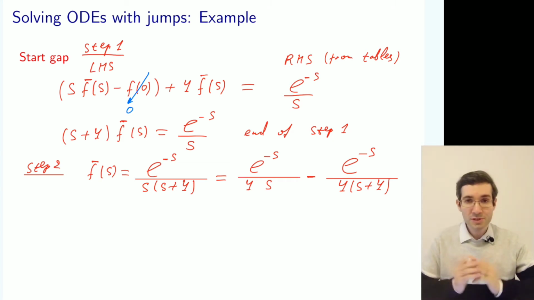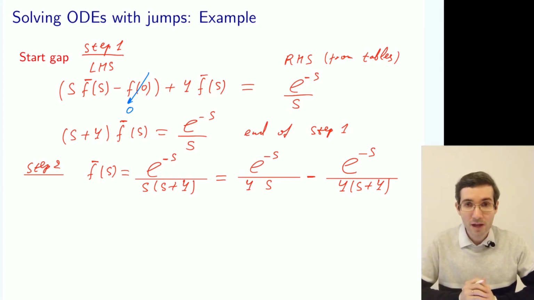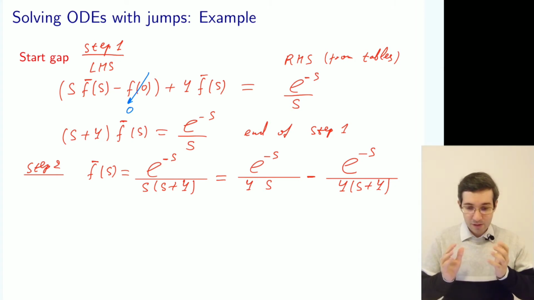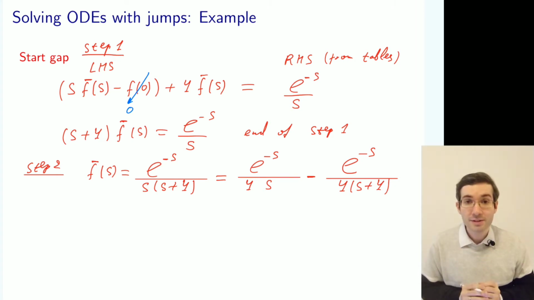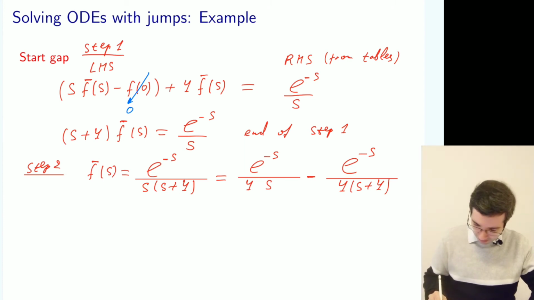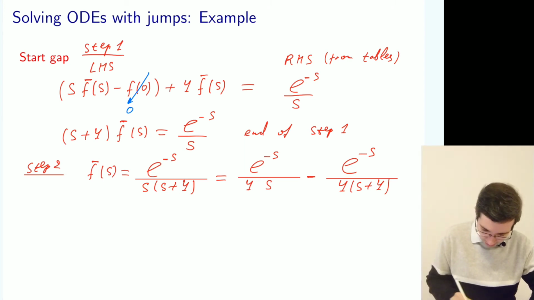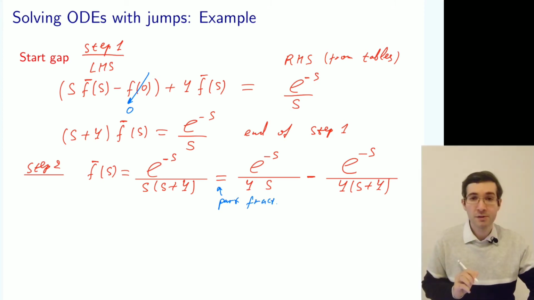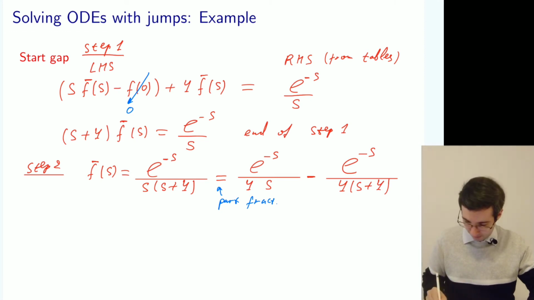And then there is one more step remaining, which is to invert that function, to find inverse Laplace transform of that function, and this will give us the solution. So just again, that was using the partial fractions, and now we're going to try and invert that function.